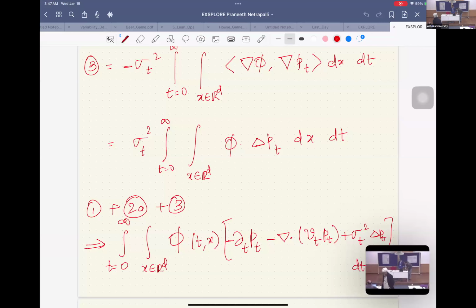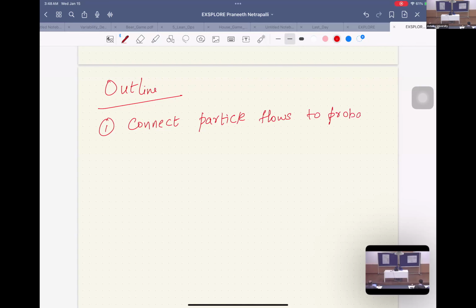Okay. So firstly, we connected particle flows to probability flows, right?